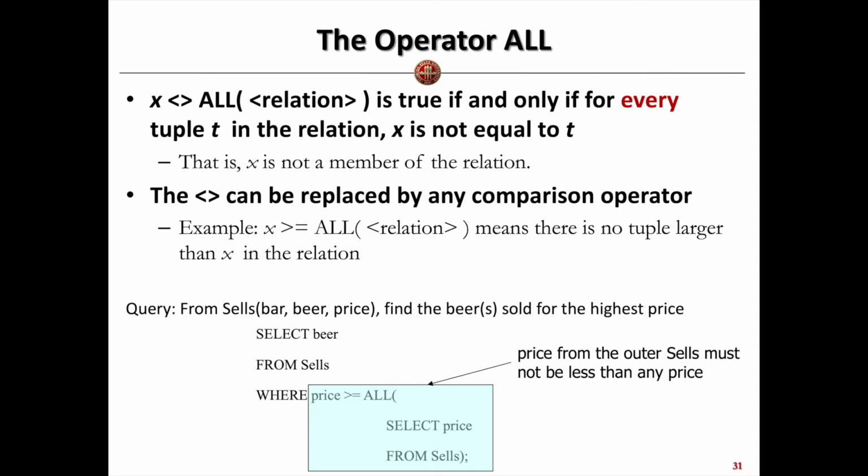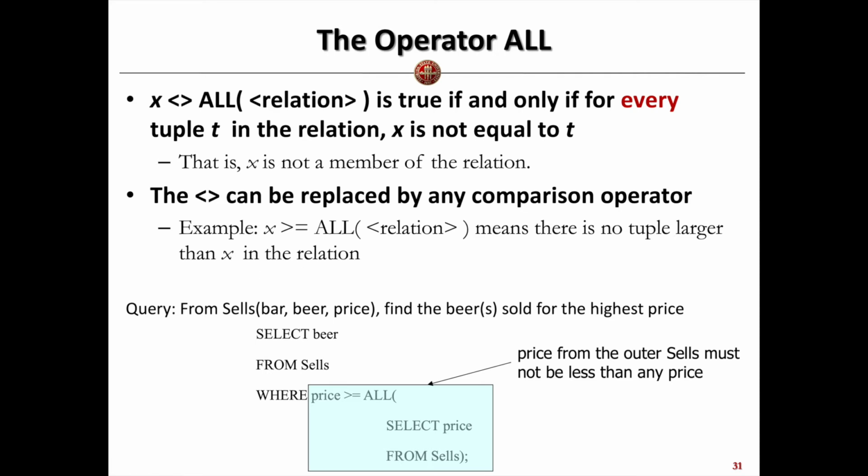In other words, the semantic meaning of x not equals ALL of a relation is that x is not a member of the relation. And this not-equals operator can also be replaced by other comparison operators. For example, x is not smaller than ALL of a relation means there is no tuple larger than x in the relation.